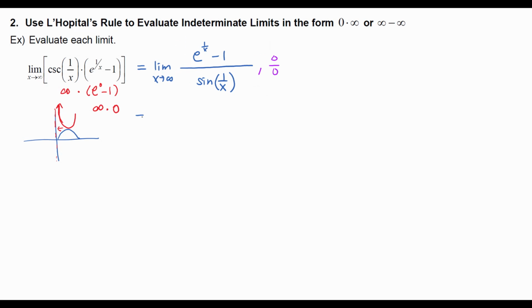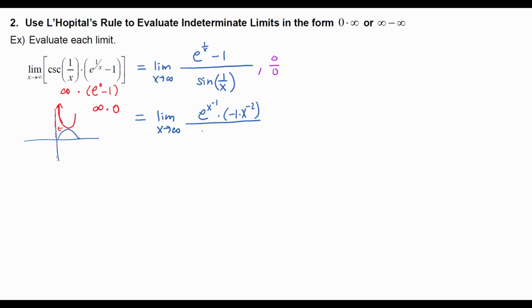And now I'm going to take the derivative of the numerator and the derivative in the denominator. So I have derivative of e to the u is e to the u, where my u is x to the negative 1 power, times u prime, which is negative 1 times x to the negative 2nd power, over sine of 1 over x, that's a sine of u.